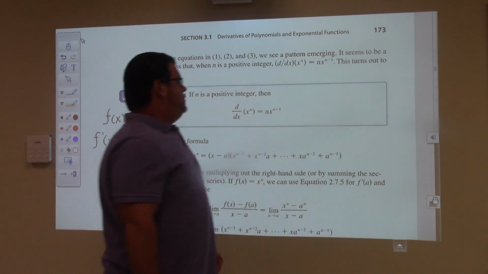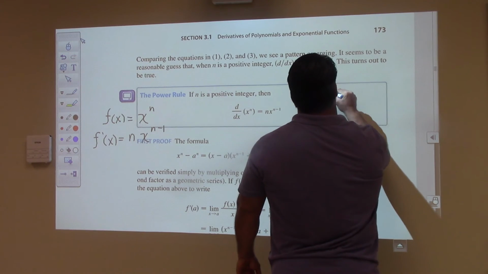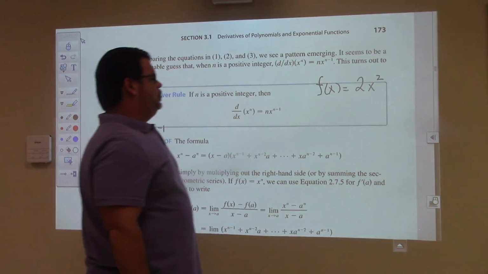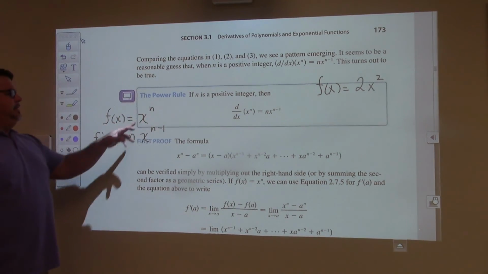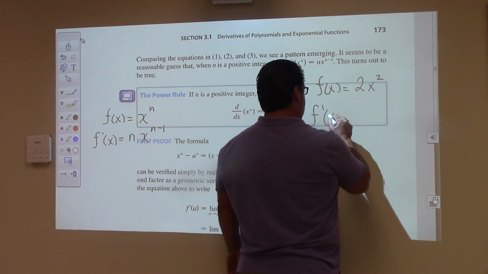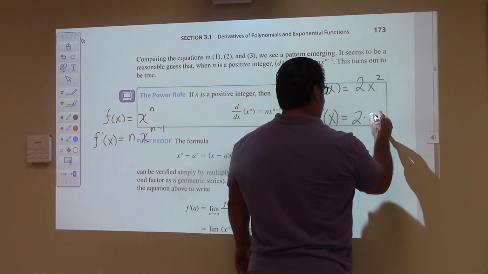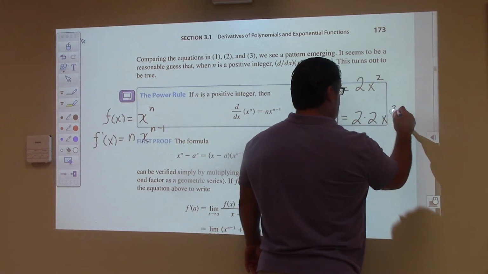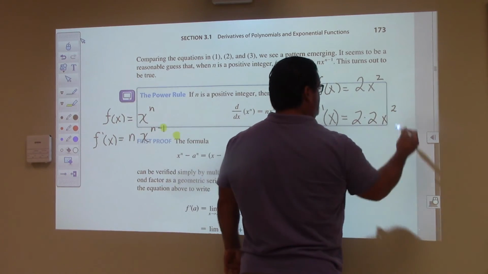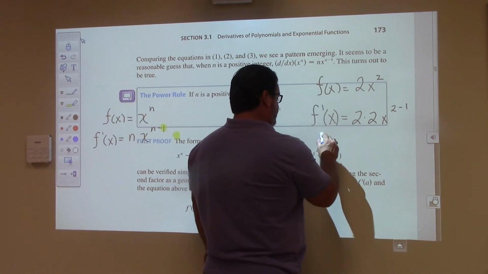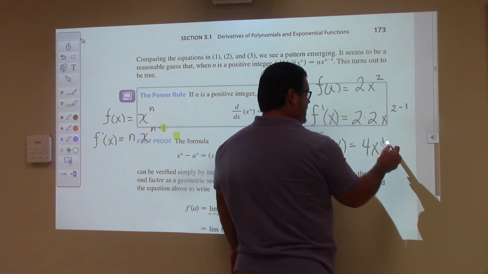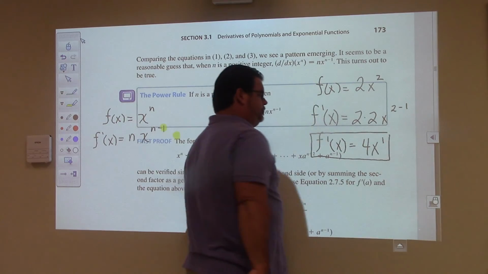So if I give you f of x is equal to 2x squared, then what am I going to do with that exponent? I'm going to bring it out front. And then what am I going to do with the exponent? Subtract 1. And then f prime of x is equal to 4x to the first power, or 4x.